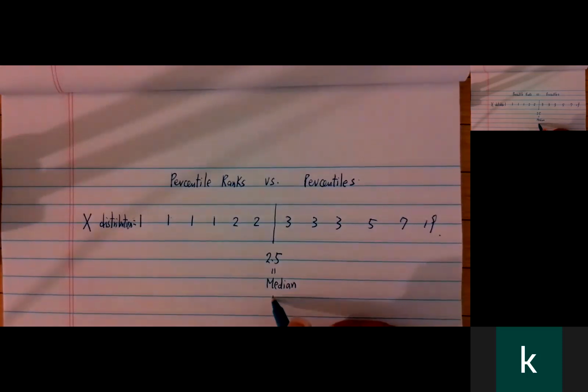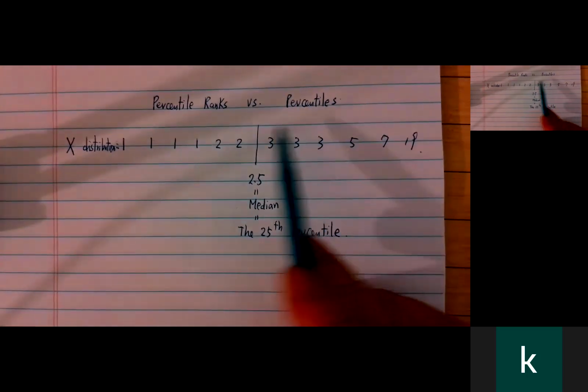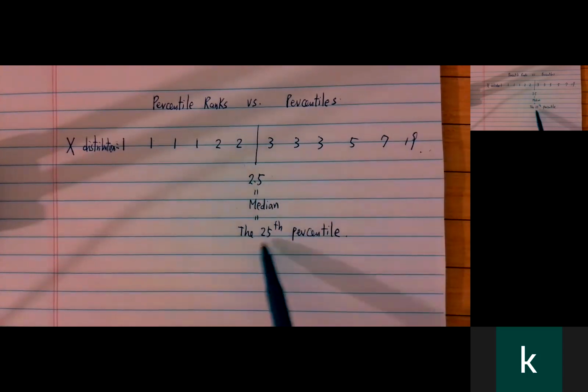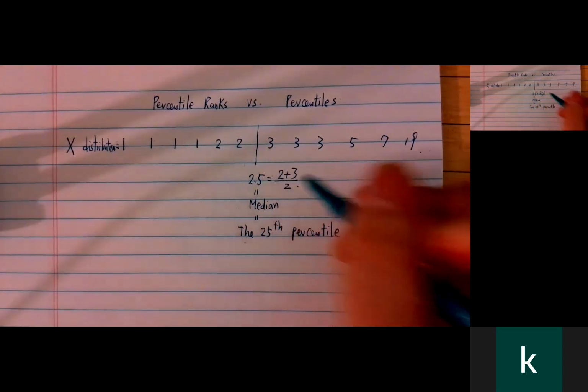Or we say the 50th percentile. Median in this given list is 2.5, and 2.5 is obtained by 2 plus 3 divided by 2.